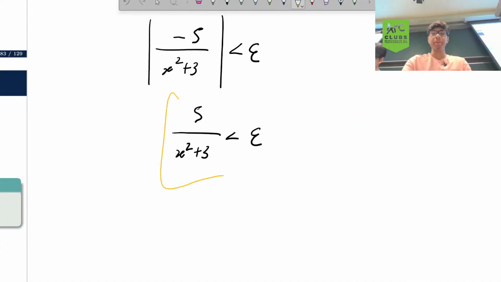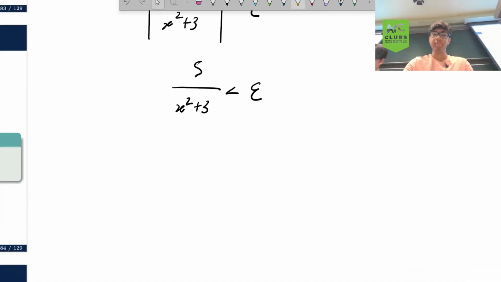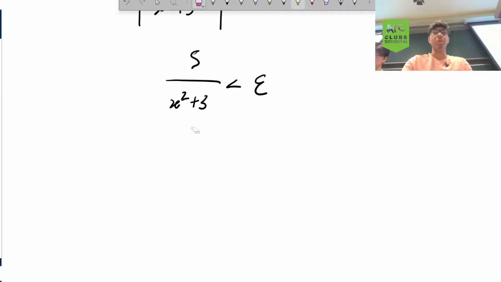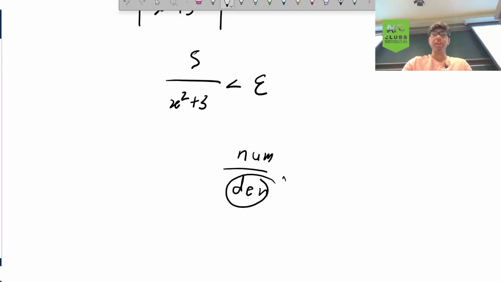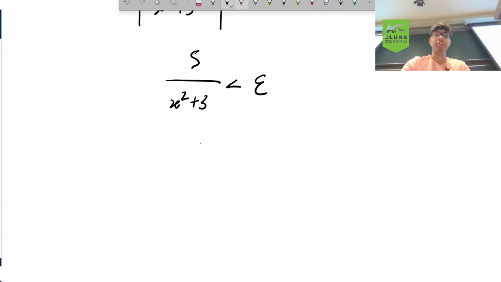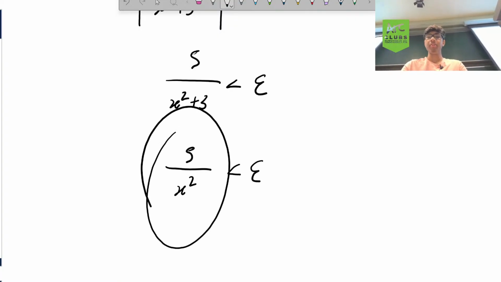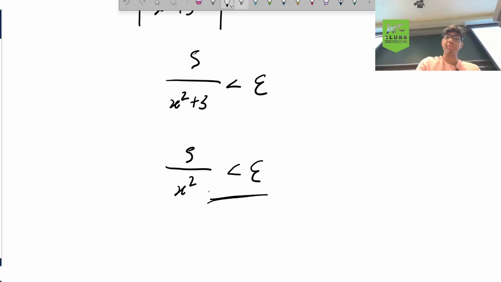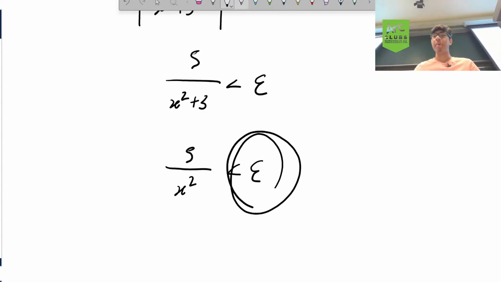And so how can I make this fraction bigger that will help me here? Well, if I make my denominator smaller, this whole thing increases. So I can do 5 on x squared is less than epsilon. I've made this value bigger, but I'm still showing there is some value of x where it's always under some epsilon.